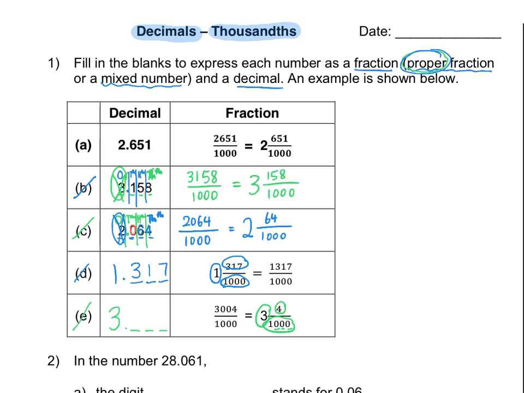It's telling us that there should be 4 thousandths. How about the digits in front of the 4? It should be a 0 and a 0. The answer should be 3.004. If we were to do a check back, we have 3 wholes, which is here, 3 wholes.